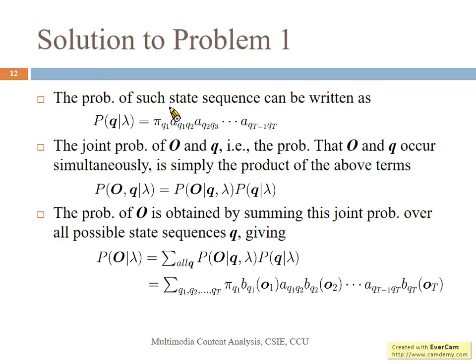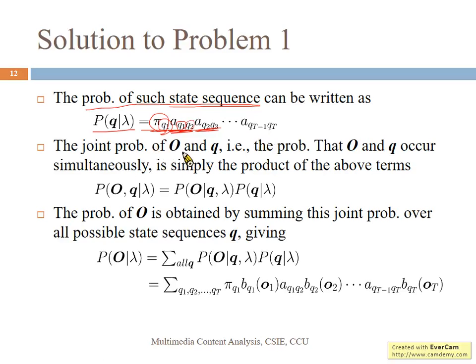Now, the calculation mentioned above is specific to one state sequence. What is the probability of such a state sequence being generated by this model? That is the probability of Q given lambda. The probability should be the initial probability at Q1, and then the jump from Q1 to Q2. So we multiply the initial probability by the transition probability from Q1 to Q2, then by the transition probability from Q2 to Q3, and so on.